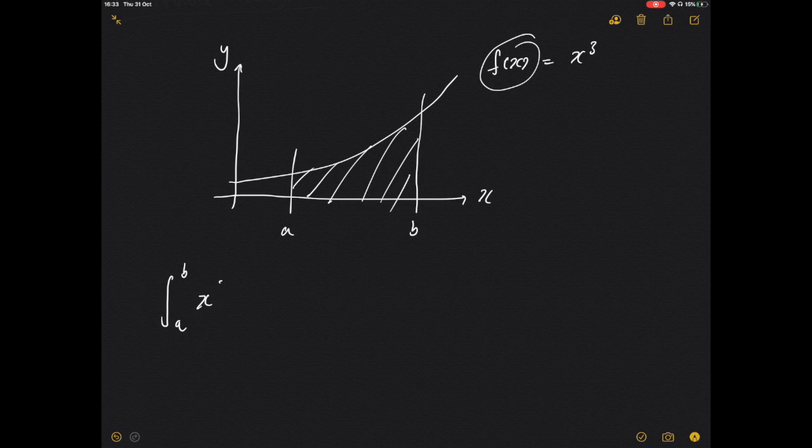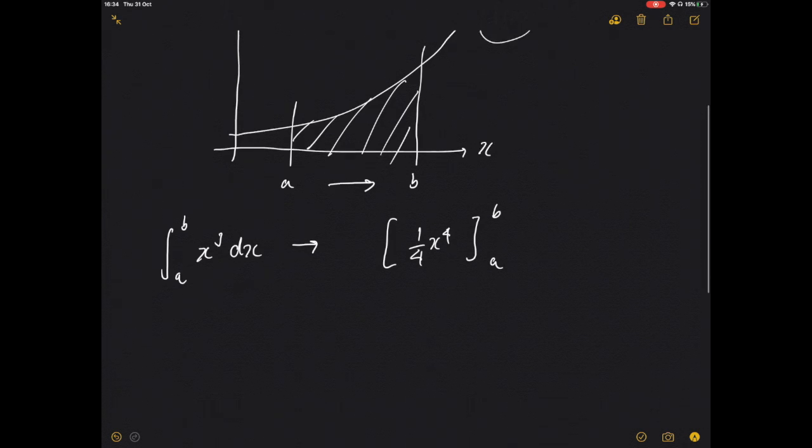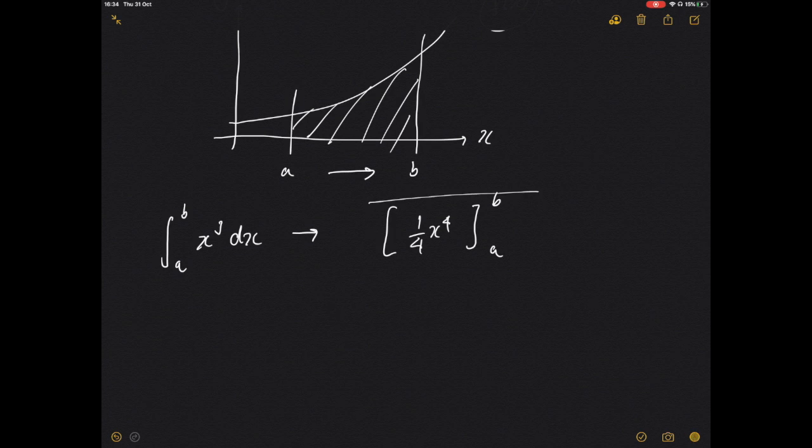The integral of x cubed with respect to x, because we're going along this axis, will then equal, we want to add 1 to the power and divide by the new power, so 1 over 4 x to the power of 4, between b and a. And we now have a definite answer. We don't actually need this plus c because we have these definite bounds of upper and lower.